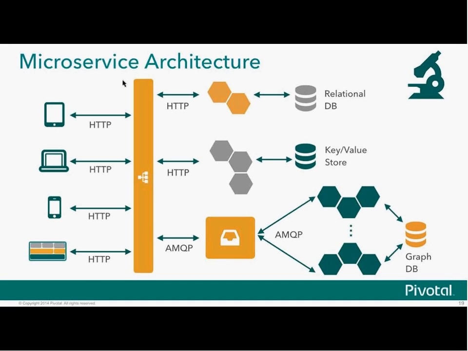And in between the clients and the microservices themselves, we see this long vertical bar here. This represents what I call an API gateway. And the API gateway's job is to perform tasks like service aggregation, reduce the chattiness between the clients and the microservices, and do things like protocol translation.